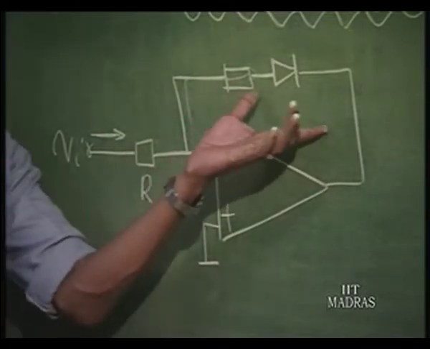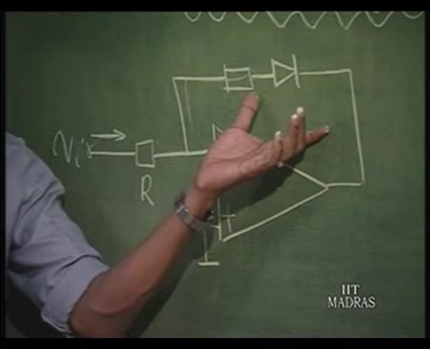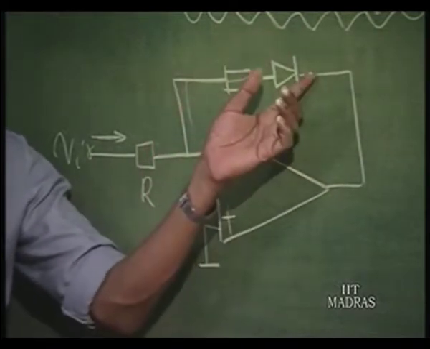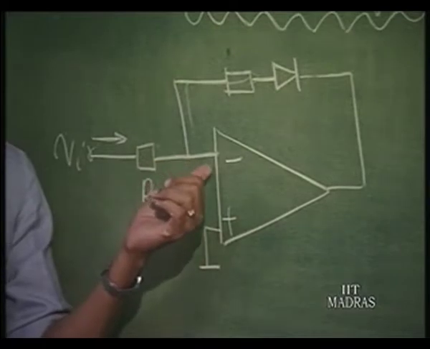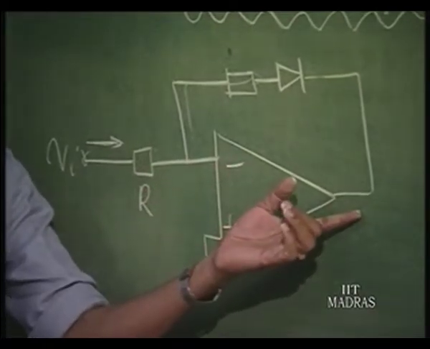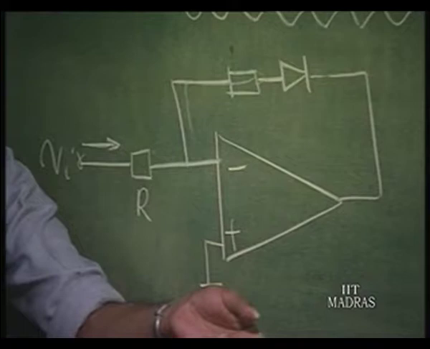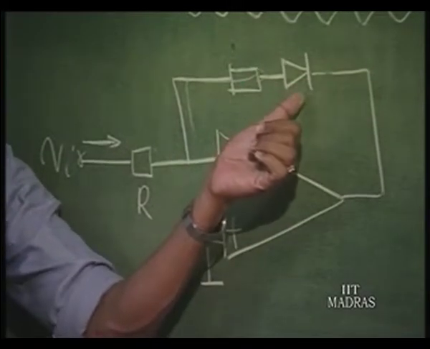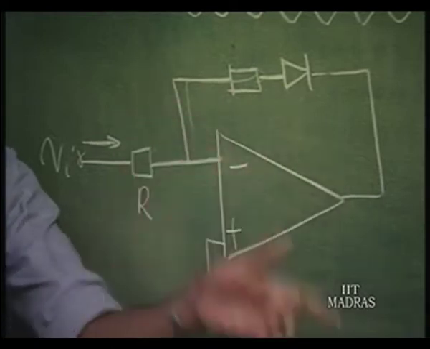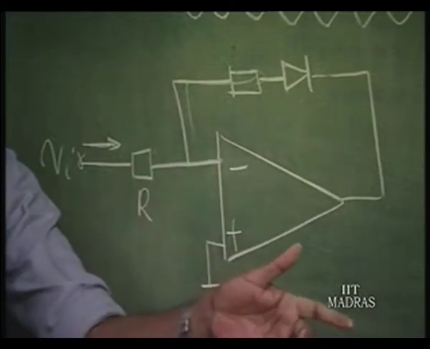If the diode does not conduct, okay, then this is an open circuit. If this is an open circuit, this voltage will directly appear here and this voltage will try to go to negative saturation. That means, this diode will be forced to conduct, okay, because this voltage will go towards negative value.